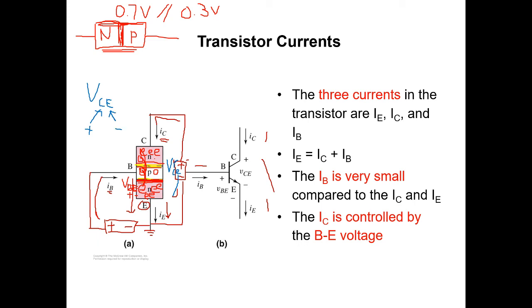So here the value is measured from the collector to emitter. If you write VEC, it is vice versa. It means that E is positive and C is negative.